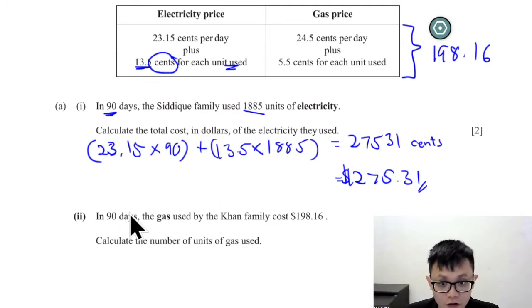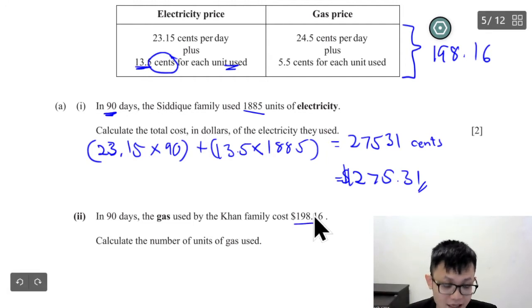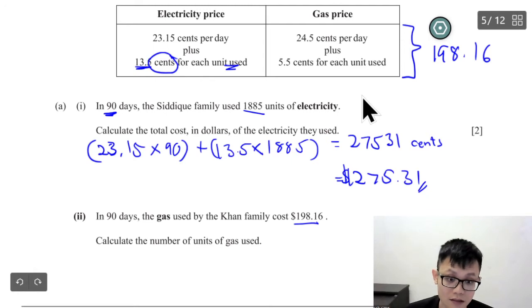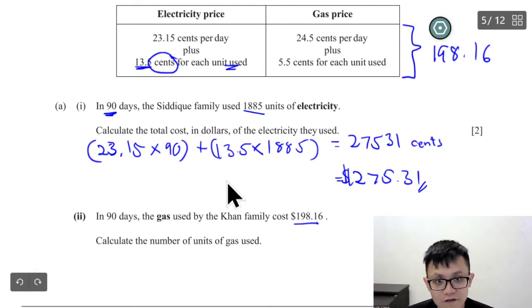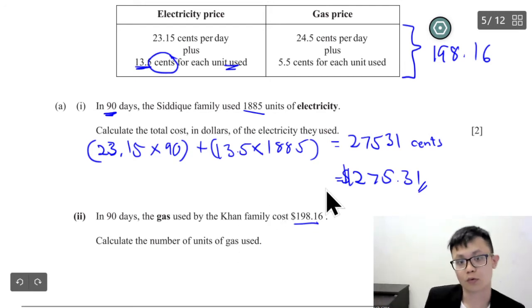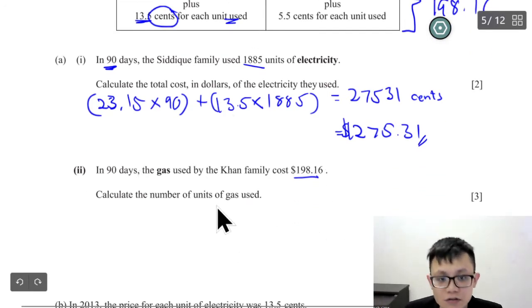For 90 days, the Khan family paid 198.60. It depends on how you want to do the question. There are a few ways to do it, but it doesn't matter which way students want to use, as long as they get the answer. So, I just use this way.